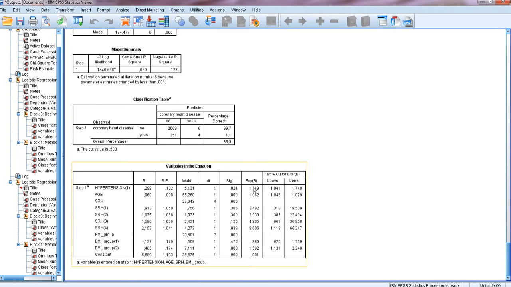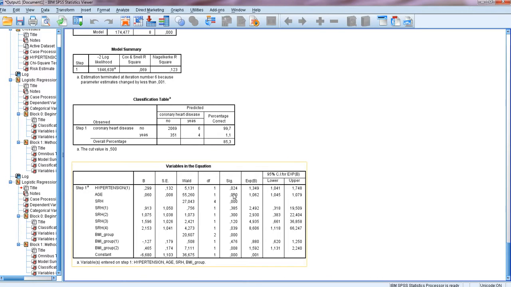Interpretation of the odds ratio is equal to interpretation of the risk ratio. So you see that hypertension increases the odds of people having coronary heart disease approximately by 35%.